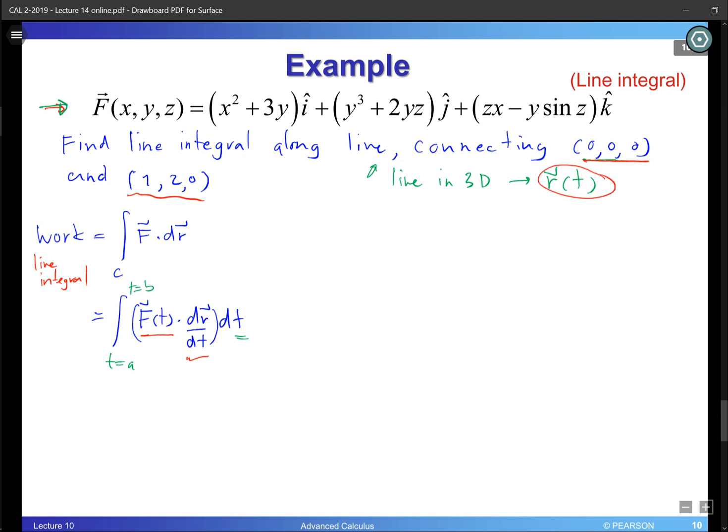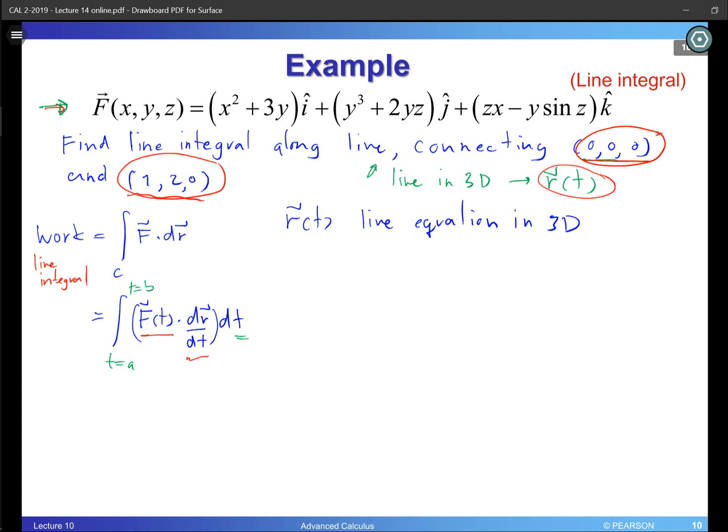So this r of t is going to be line equation in 3D. At this point, we know that it starts at 0, 0, 0 and ends at 1, 2, 0.